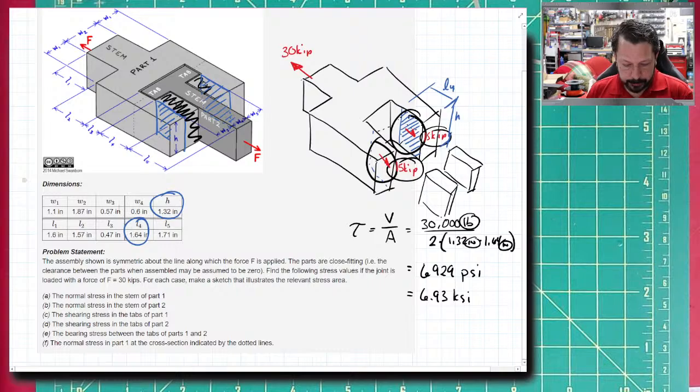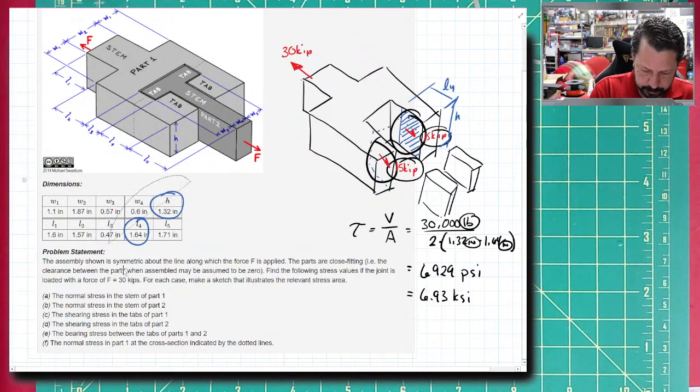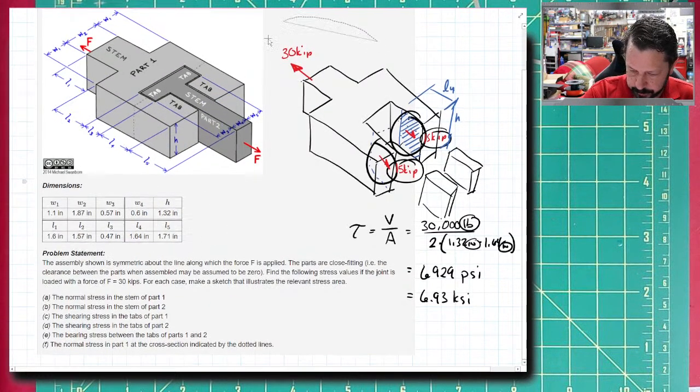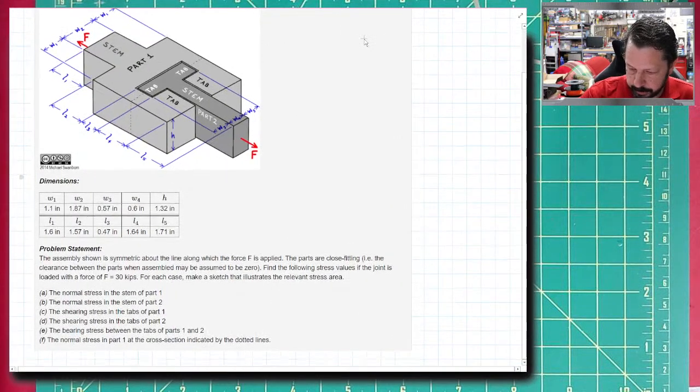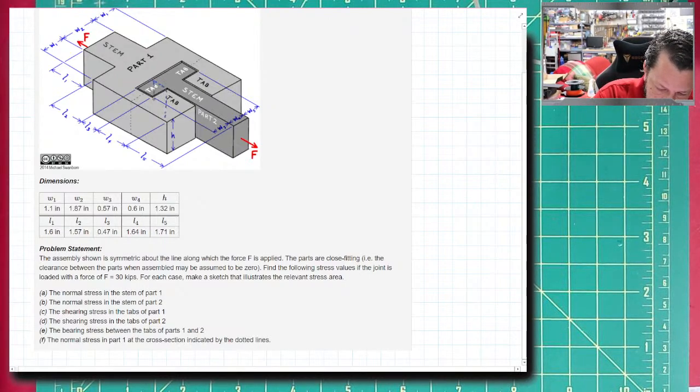To do the next part, let's go in and see which one is delete. Don't remember. Let's get rid of all of this. There we go. So to do the next one, part D, the shear stress in the tabs of part 2 would be similar, and we won't solve it, but the tabs are right in here, this area, and then there'd be another one back on the other side.